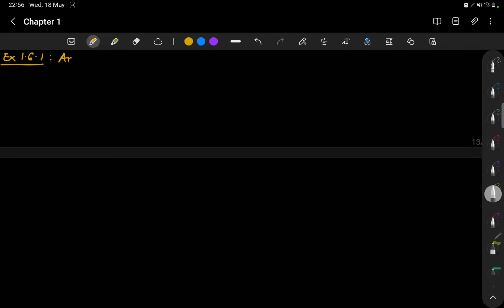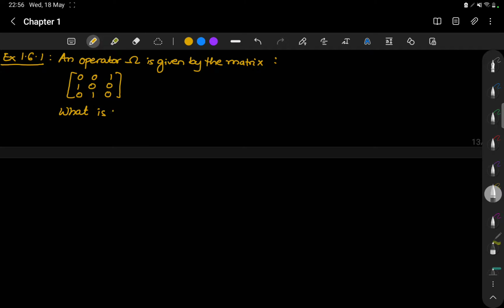It says an operator omega is given by the matrix. So the question is, what is its action?